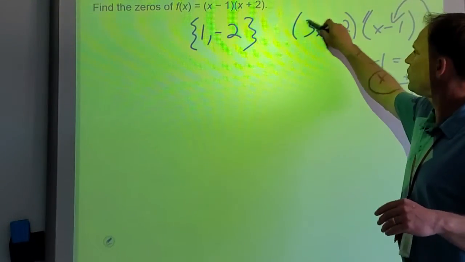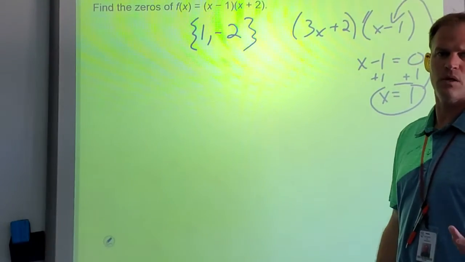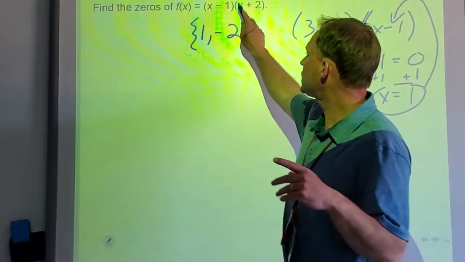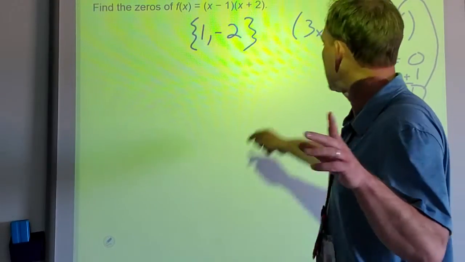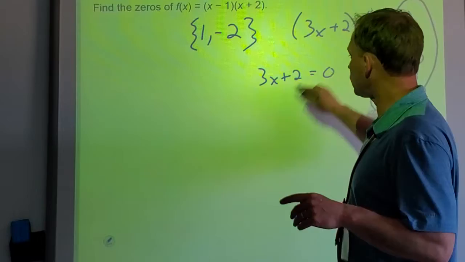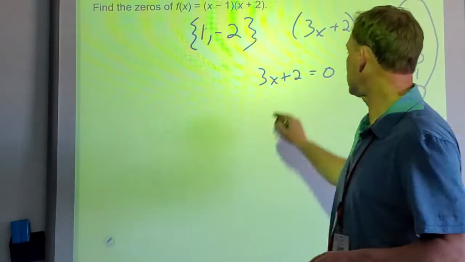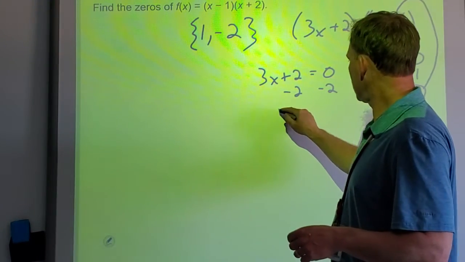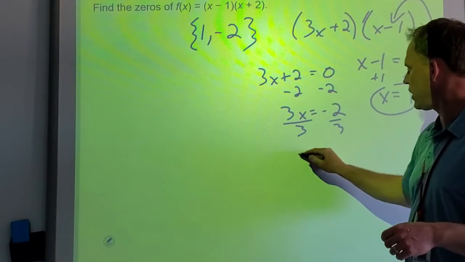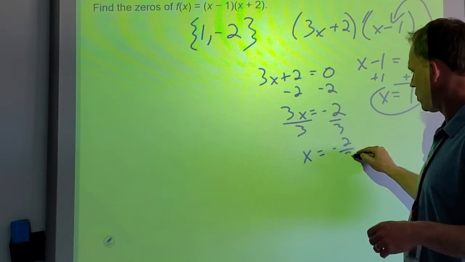However, if I have a coefficient here, I can't just take what's opposite. All right, I gotta do a little bit of work. So opposite of what's in parentheses only works if that's a plain x. If there's a coefficient here, then I actually have to set it equal to 0 and work it out. 3x plus 2 equals 0, 3x equals -2, divide by 3, x equals -2/3.